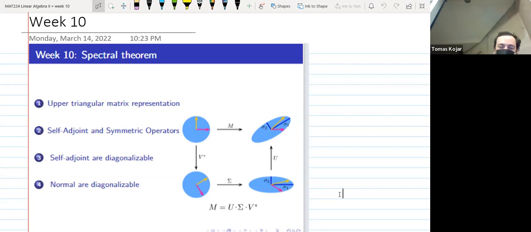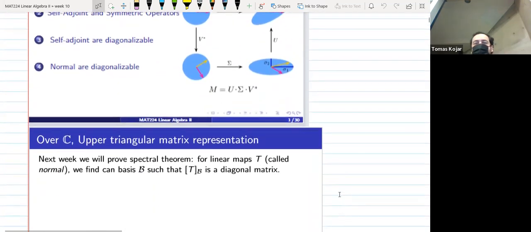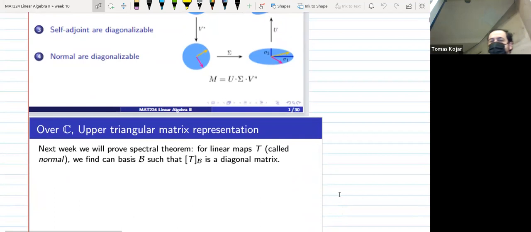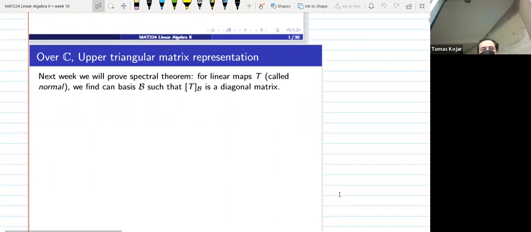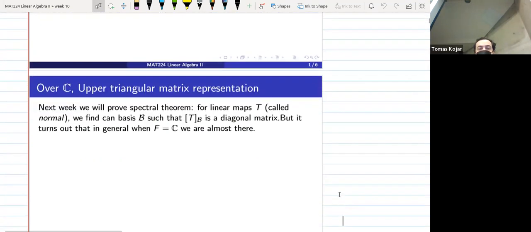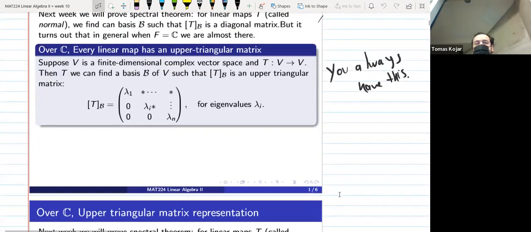Okay, so this week we can prove all our spectral theorems. 30 slides. Let's see. I've done a little bit last week. Last time we talked about how for any linear map, you have an upper triangular representation. The spectral theorem says that if you have some conditions, you're diagonal, but when you're over the complex numbers, like we talked last time, you can always do upper triangular.